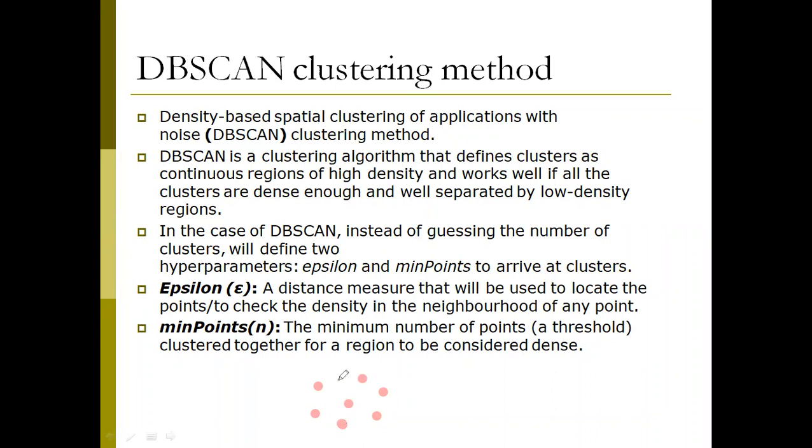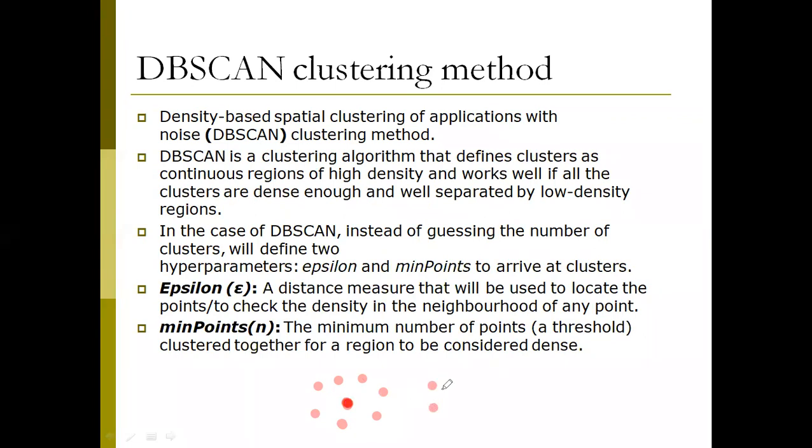First of all, you need to identify one point as a center point. Among all these points, I can choose this point as a center point.